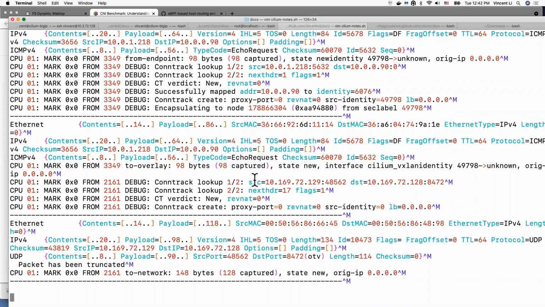Hi, let's continue our previous video about the Cilium tunnel mode egress deep dive. Last time we talked about encapsulating to node, that is encapsulating the packet.